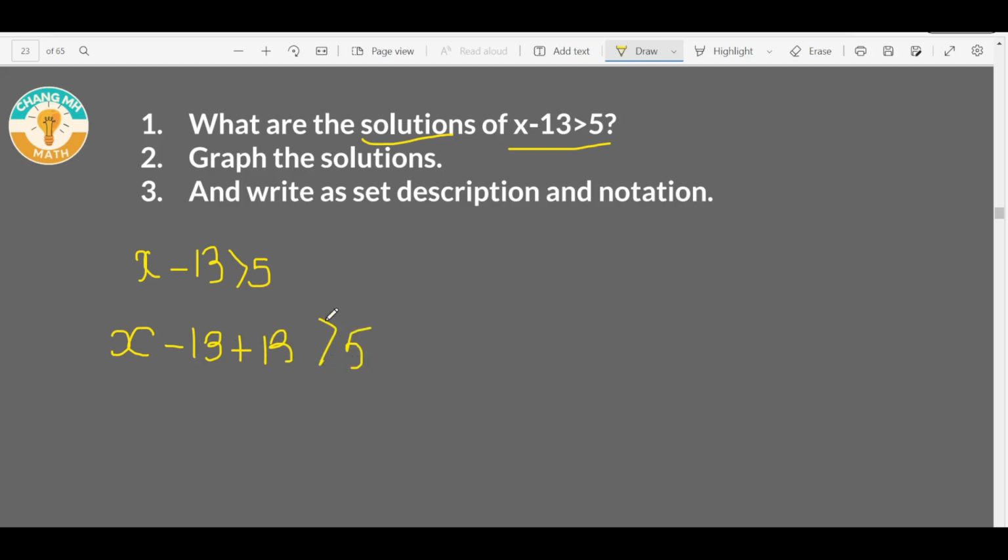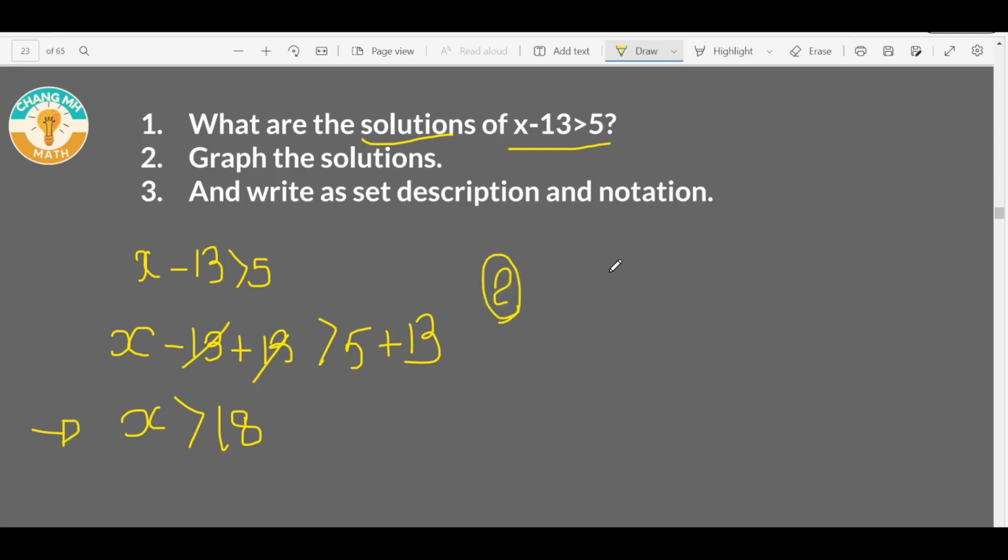If you add 13 on the left side, you have to add it on the right side too. So you cancel this and you will get x greater than, what will you get here? You will get 18, right? So you will get 18 here. So this is the solution, and let's graph the solution.